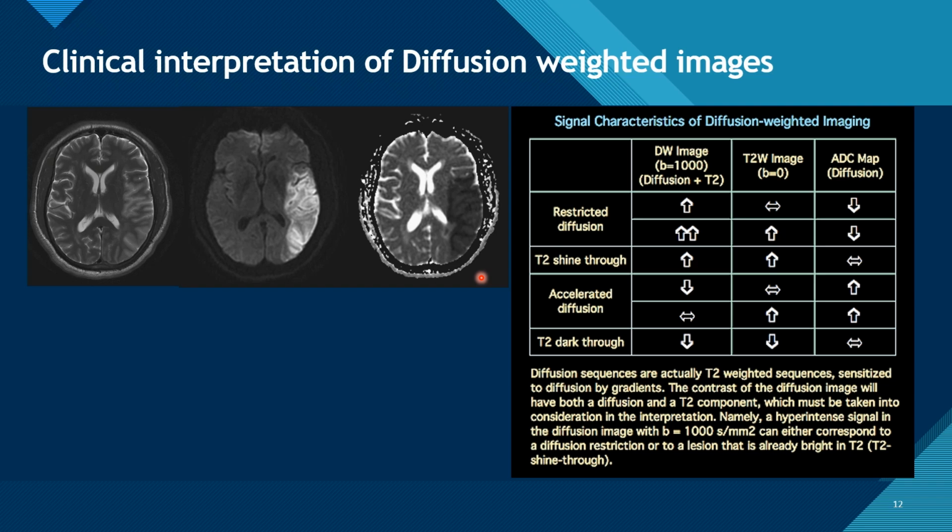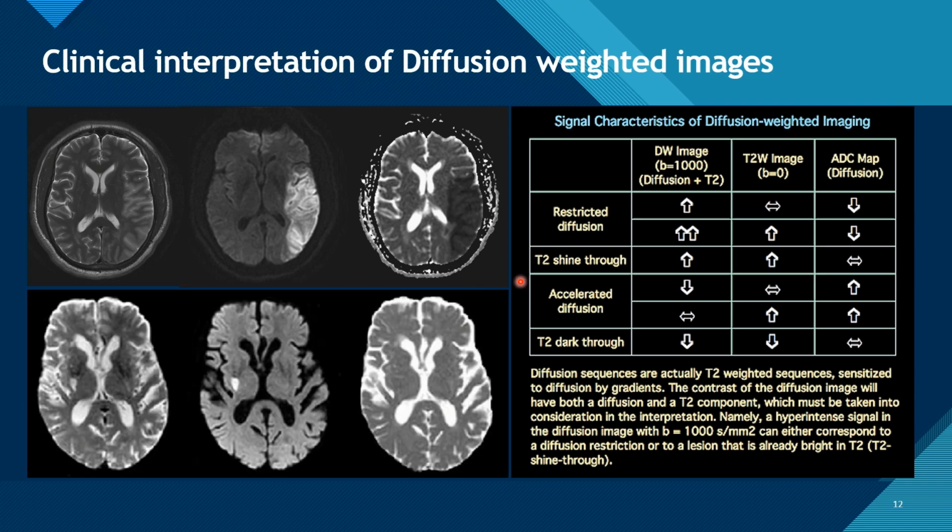Let's see our second example, which is T2 shine through. For example, if we have a lesion which appears high on B0 image, which is the equivalent of T2 weighted image, and high on high B value image, such as B1000 image, but does not appear or appears iso-intense on ADC map.